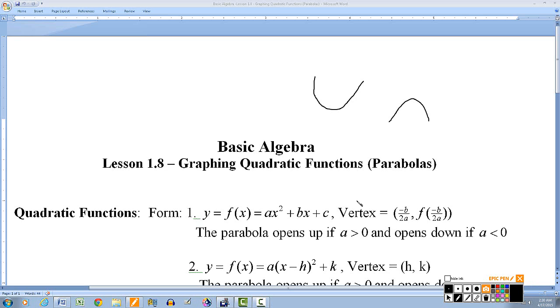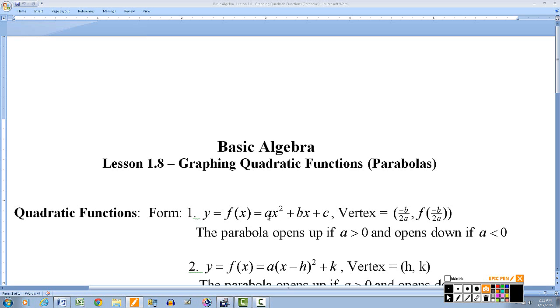So let's look at the different forms that you can have. These standard forms here. So let's look at the first one. A quadratic function or parabola has the form f of x, or y equal f of x, is equal to ax squared plus bx plus c. Now the condition here is that a cannot be 0.